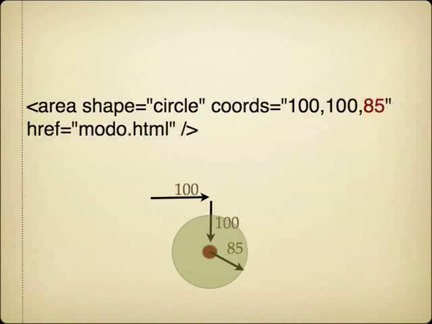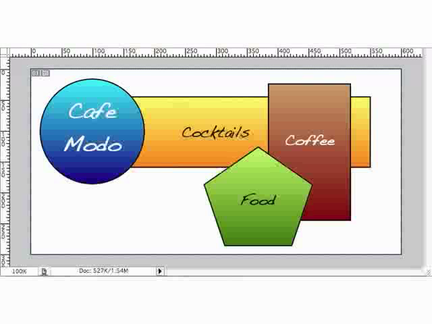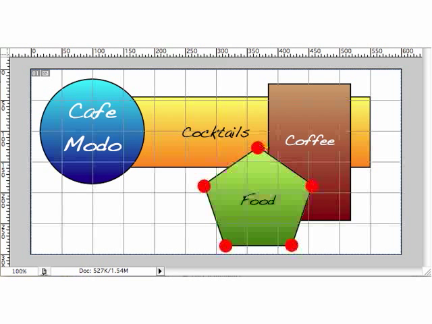So let's add this area to the image map and see how it looks. Now we have two rectangles and a circle. The food section of the image map is the most complex. This area is a polygon, and the polygon shape can be a shape with any number of sides. In this case, we've got 5 sides, which means we're going to have 5 points of the image.